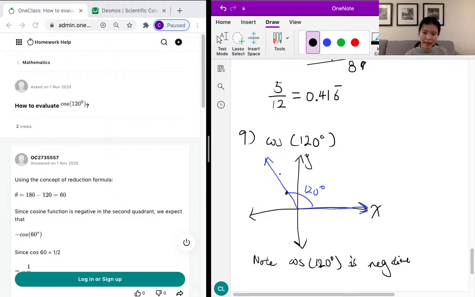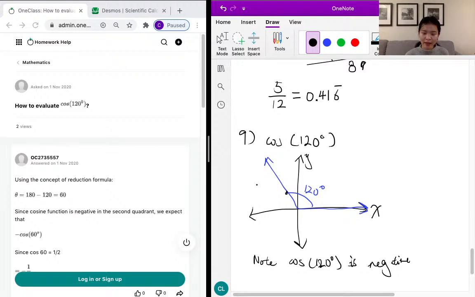We also know that the angle that we need to use is 60 degrees, because right over here, this angle is in the second quadrant. This is the first quadrant, second quadrant, third quadrant, and fourth quadrant. I know it goes this way instead of the normal way that we usually do it, but that's just how math works.